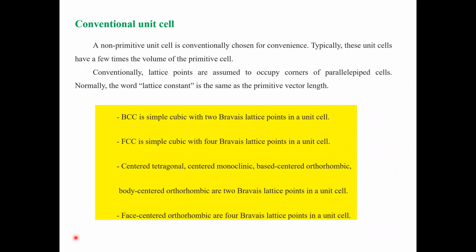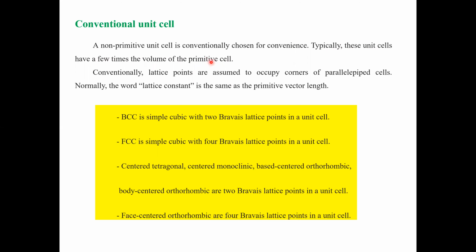Okay, what is a conventional unit cell? Like I said, it's a non-primitive unit cell, but it's convenient for your eyes, right? Convenient for you to pick up easily, okay? Or it's like, oh, easy to remember. It is not a weird shape or things like that. Typically, these unit cells have a few times the volume of the primitive cell.